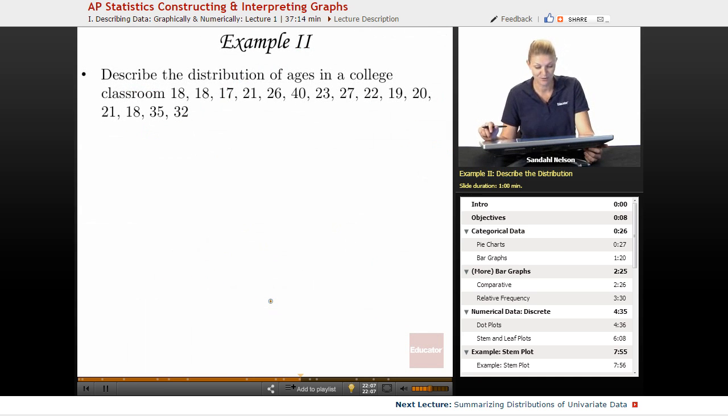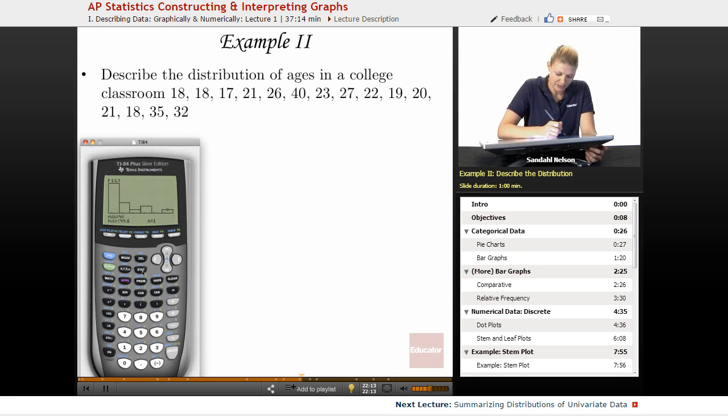Okay, so let's do an example. So we're going to describe the distribution of ages in a college classroom. Okay, so we've seen this before, so we're going to just go ahead and go to our list and make sure we have all the numbers in there. So we have all these numbers in, 23, they're all in there, 19, 35. Okay, so everything's in there. So we're going to go ahead and go to our graph. So second stat plot, it's there.